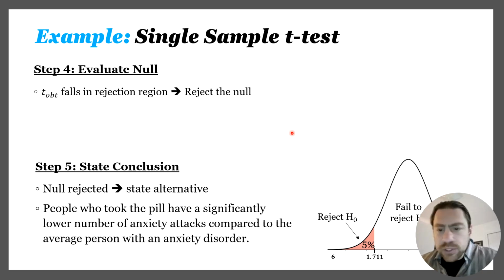And now, having rejected the null hypothesis, we can state the conclusion as the alternative hypothesis, and that is that people who took the pill have a significantly lower number of anxiety attacks compared to the average person with anxiety disorder.